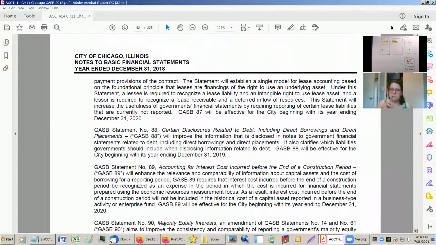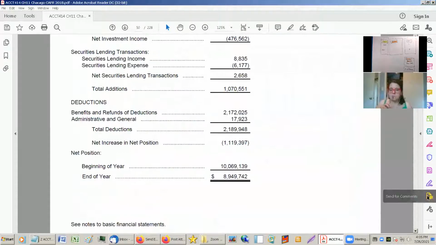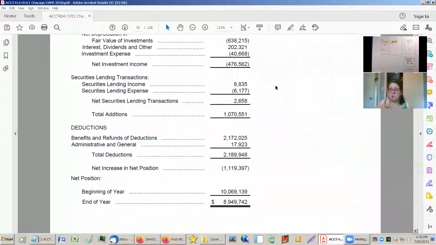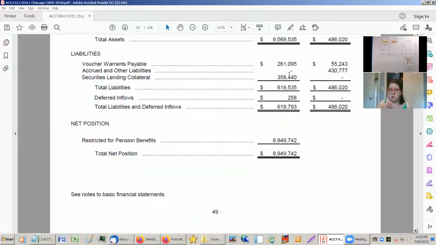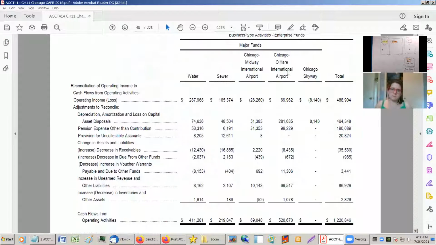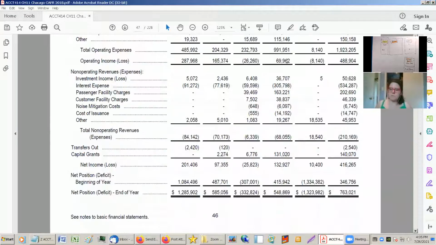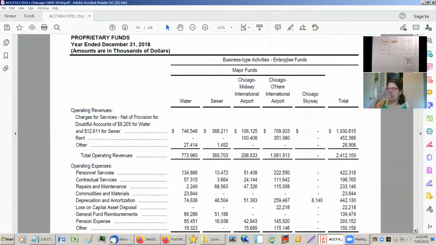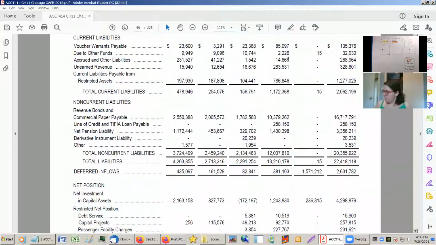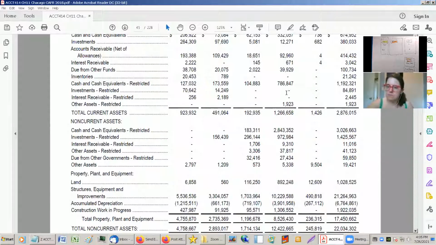Not all places need to put one of these out, but usually the larger ones do. Maybe small governments don't. Yeah, if you have some place that has 3,000 people, they're probably not going to have a comprehensive report. They'll put out financial statements that they signed off on. So, okay. Yeah.